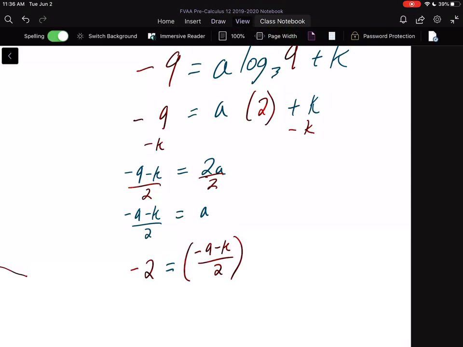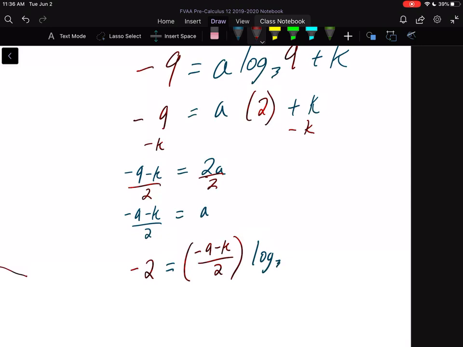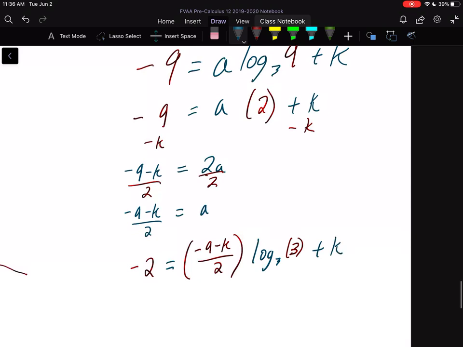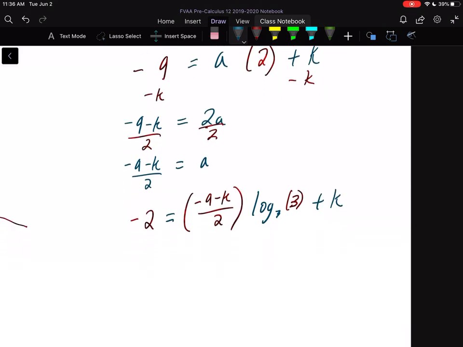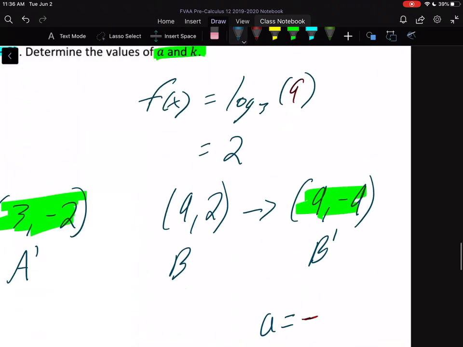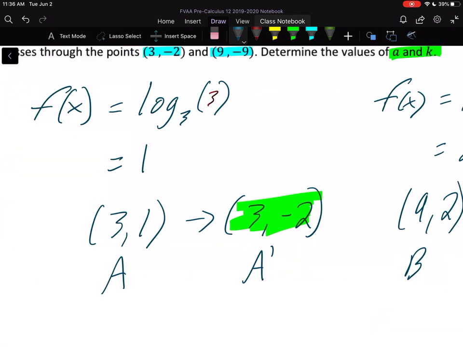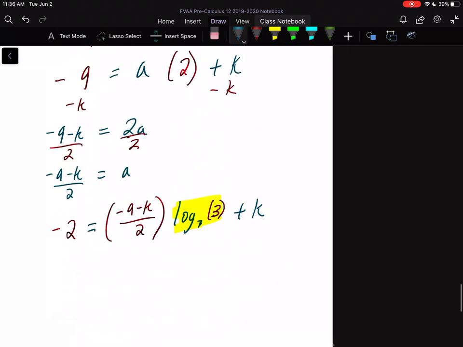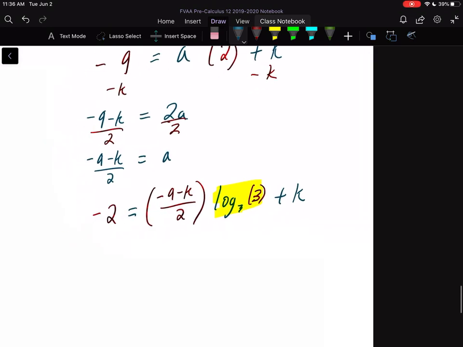And then I put in log 3, and then my input to get an output of -2 was positive 3, and then plus k. Now this looks complicated, but it simplifies pretty quickly and nicely here, because log 3 of 3 equals 1. I know that because we did that up here, right?